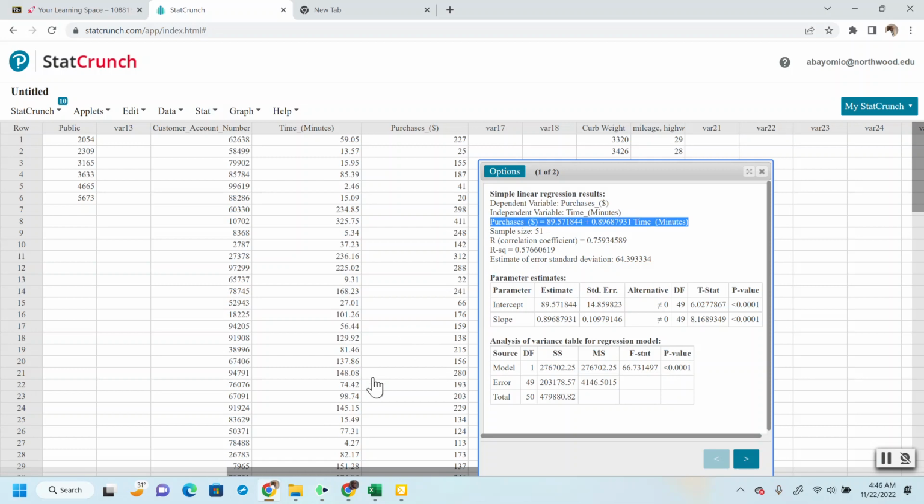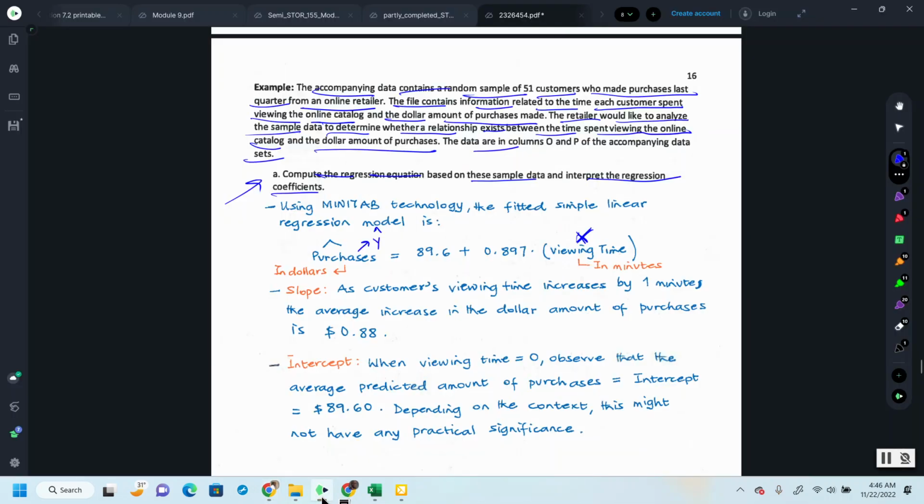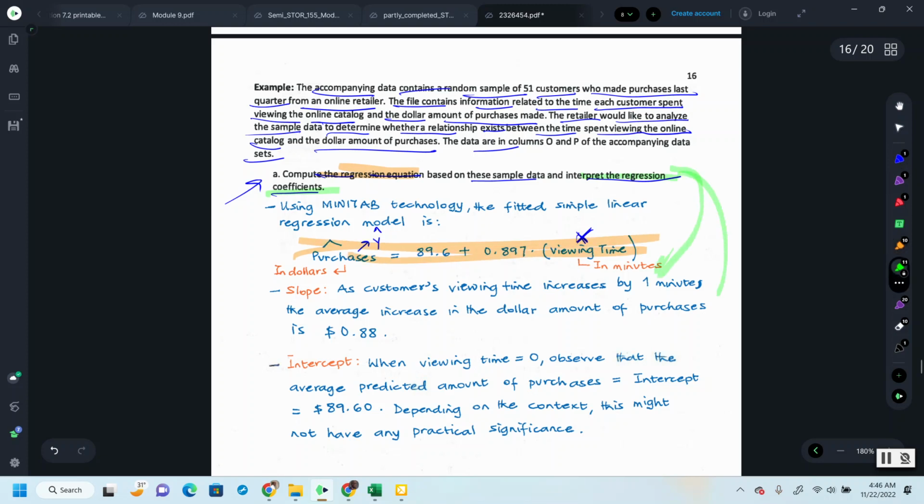Are we good? With that said, let's proceed to interpret the regression coefficients. I have computed the regression equation. Here it is. Now I want to interpret the regression coefficients. Remember, for the slope, which is 0.897, this will be in the same units as purchases in dollars. Take note that it is positive.